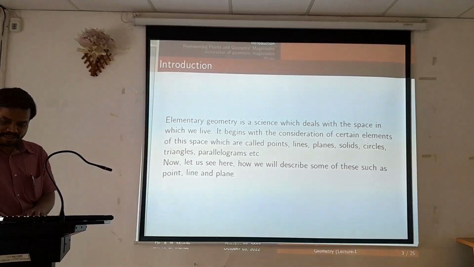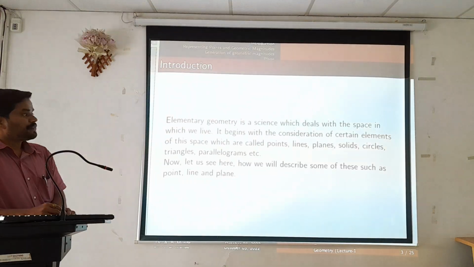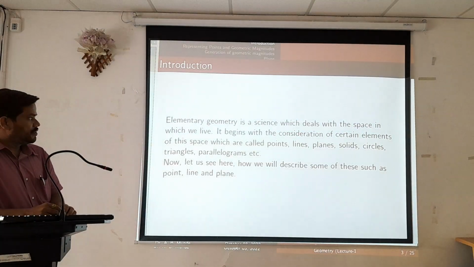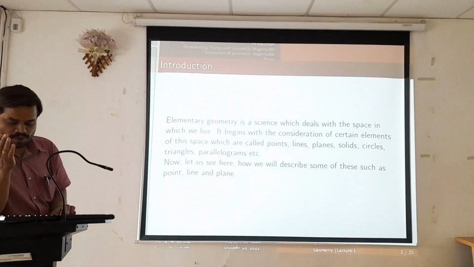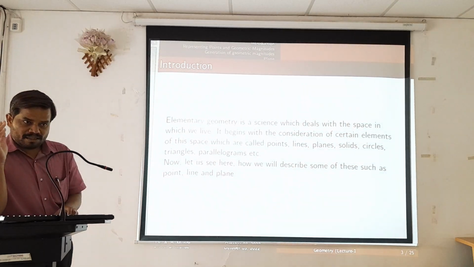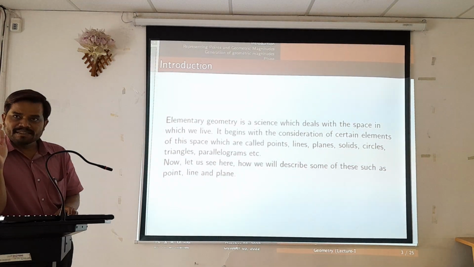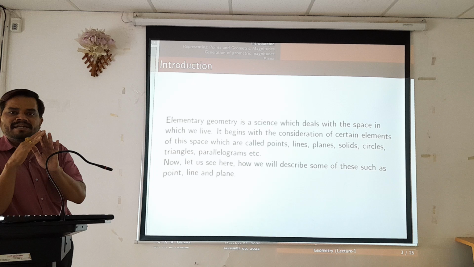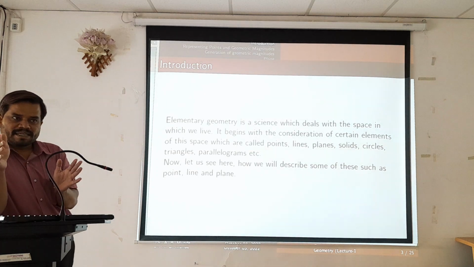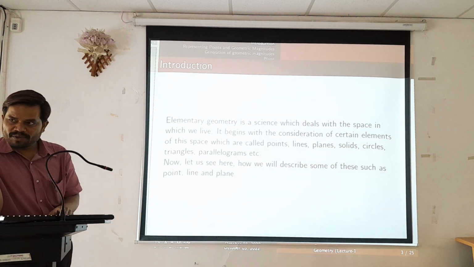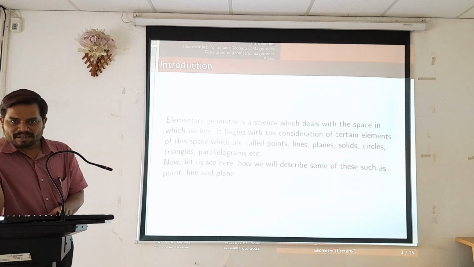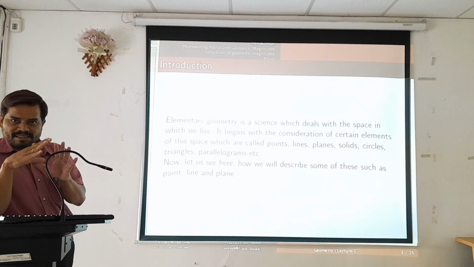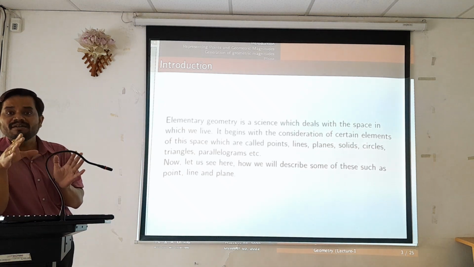So, elementary geometry is a science which deals with the space in which we live. It means that the geometrical physical things all over our day-to-day life are geometry. Whatever objects or things we use in our daily life, all these objects are geometrical figures.